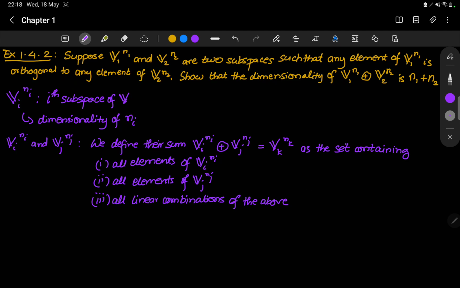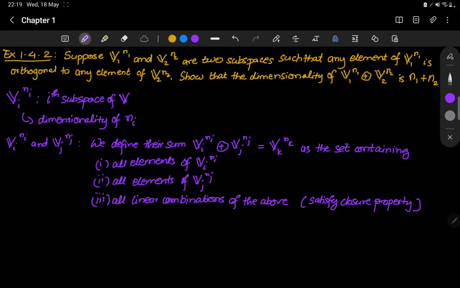So this third statement is essentially present to satisfy closure property, because for closure property we need that the sum of two elements should also be an element of that vector space. So this is the definition of the sum of two subspaces.